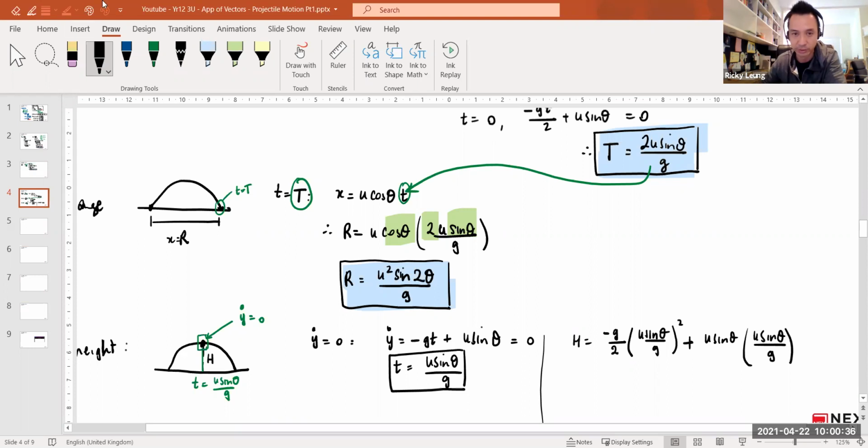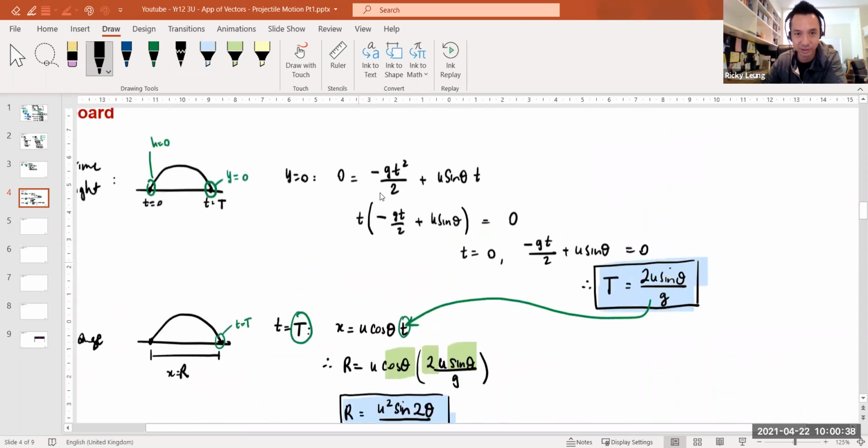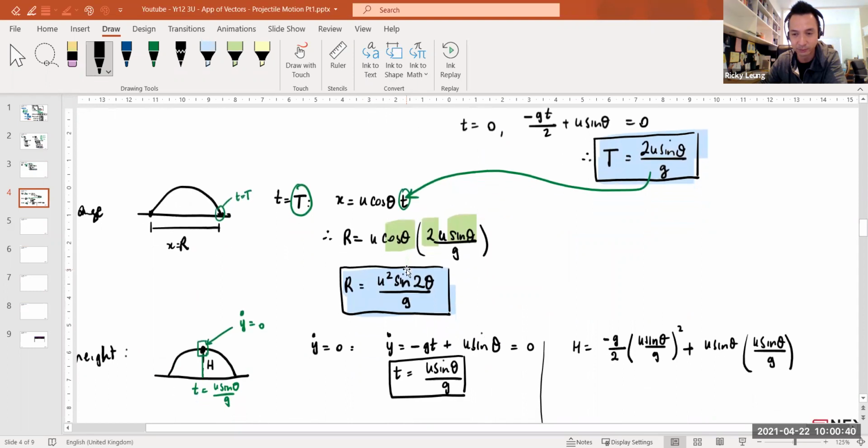That's the formula. Let me quickly check that upstairs. The minus g on 2 t squared, perfect.